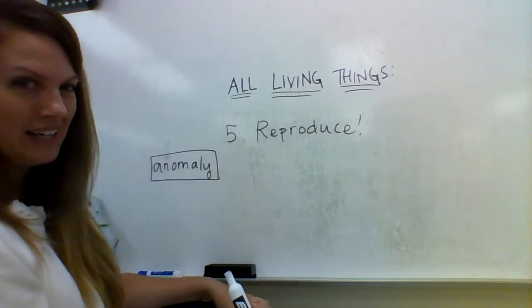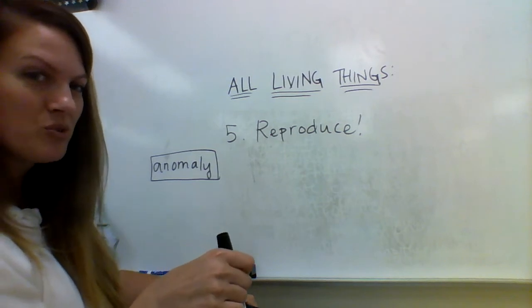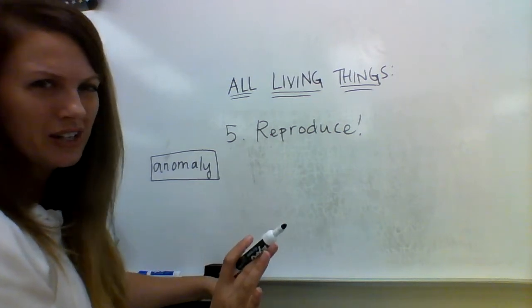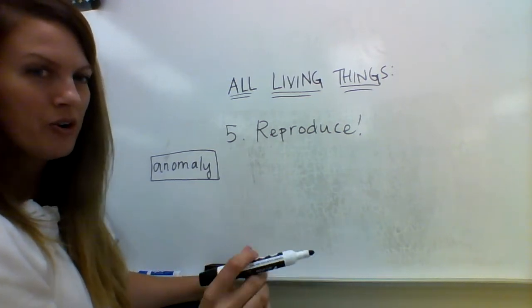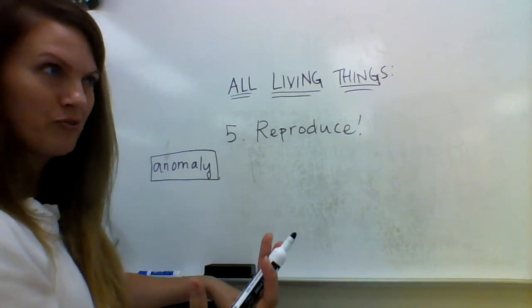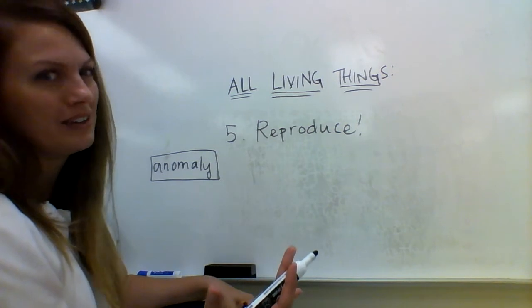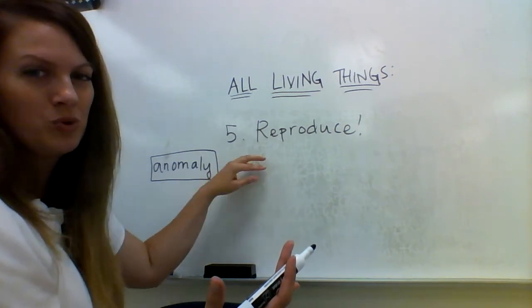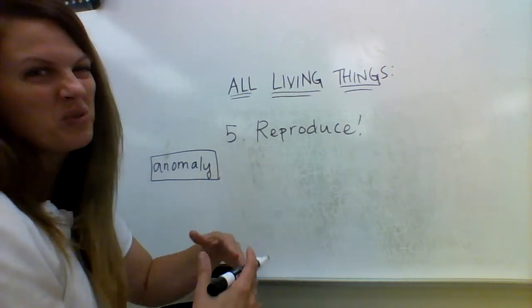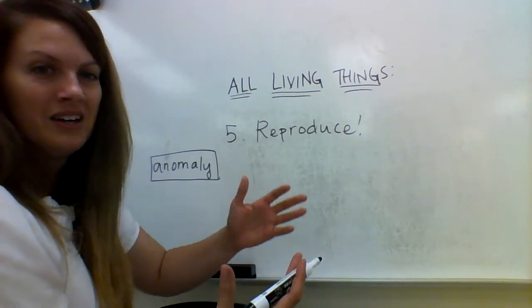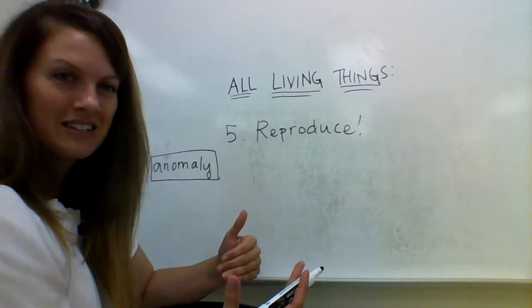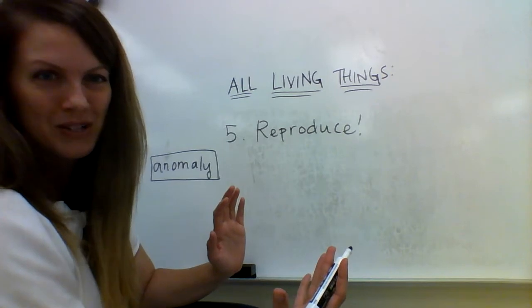An anomaly is an exception to the rule that doesn't change the rule. So if you're, for example, a 45-year-old male and you can't have children, that doesn't mean that you're not living. You're just an exception to the rule that all living things reproduce, but you don't really change the rule. Statistically, that infertility is insignificant with respect to the species.